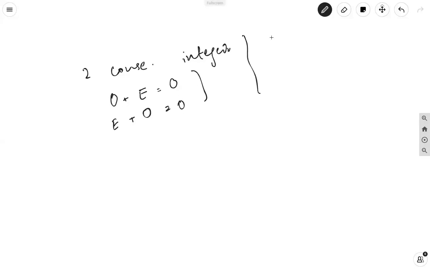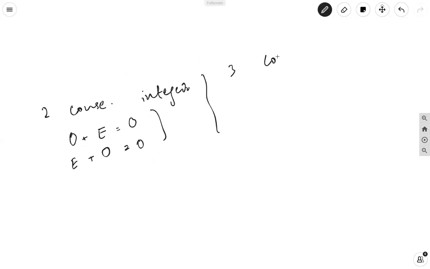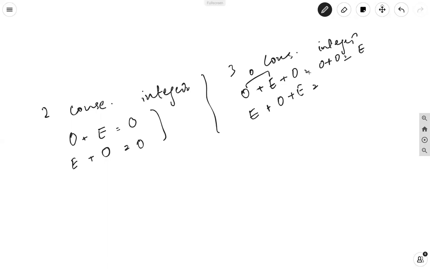Now see the case where we have 3 consecutive integers. Okay, so if we start with odd, even, and odd. Another case is even, odd, and even. So in the first case, we have odd plus even, odd, and odd plus odd is even. So in the first case, we are getting an even integer as a result.